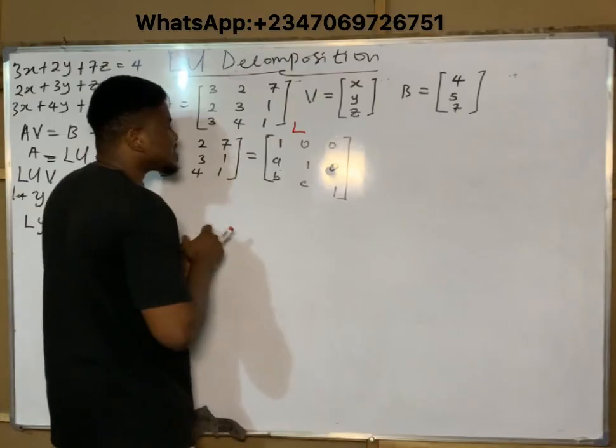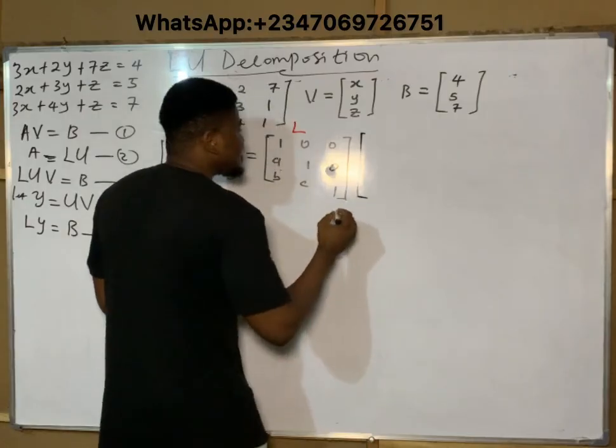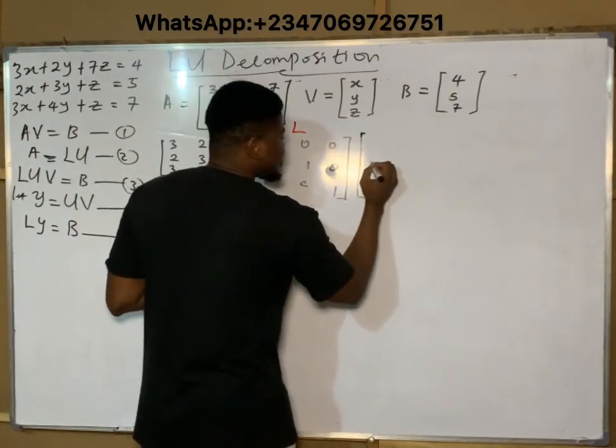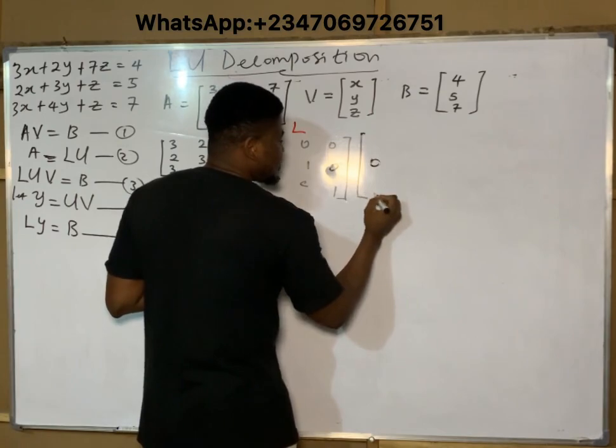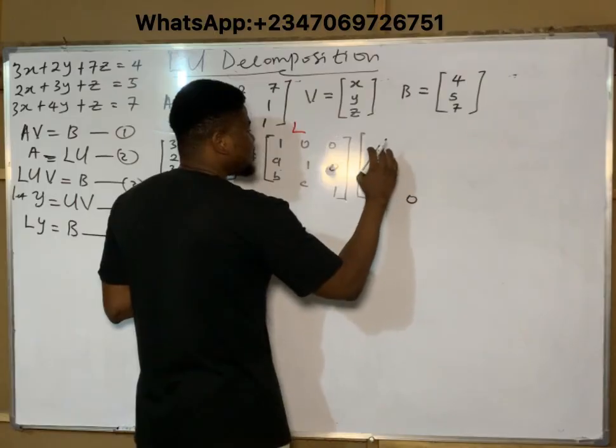Now, this lower matrix is multiplied by the upper matrix. For the upper matrix, the lower elements are 0, 0, 0, 0. But now we fill up the upper matrix with unknowns.